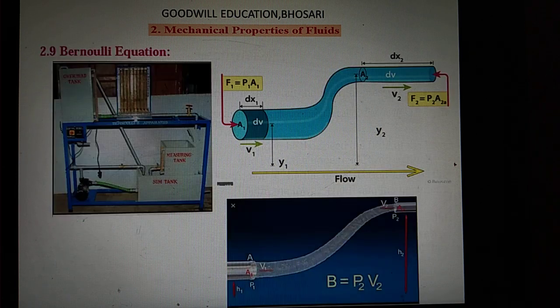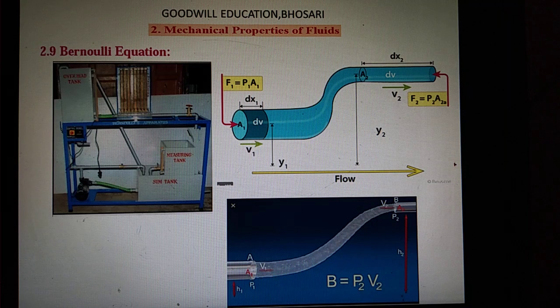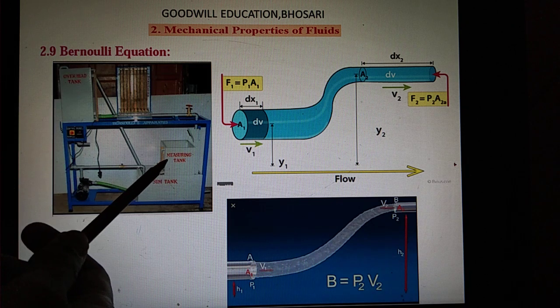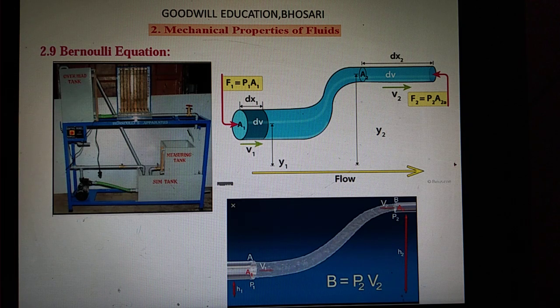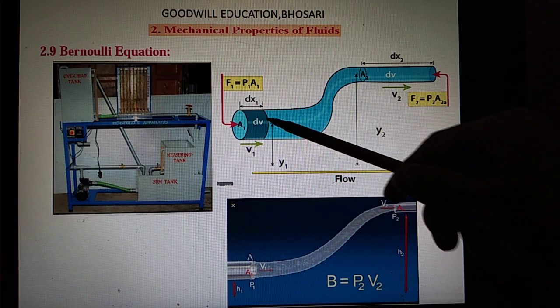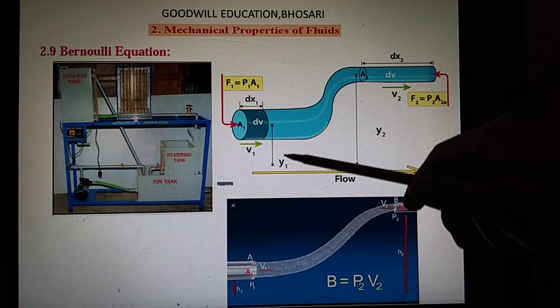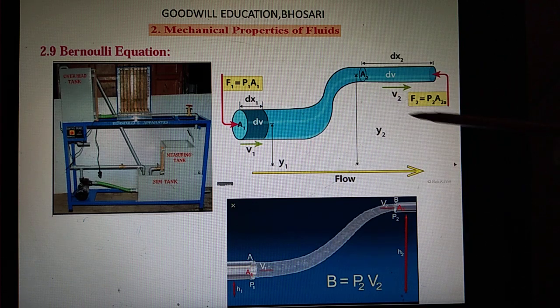Is it correct? Now here are some pictures of Bernoulli's principle. Here this is an overhead tank, and this is a measuring tank, and both are maintaining some height, and therefore flow can be determined. Here also this is a picture. Here these are y1 and y2, the heights.